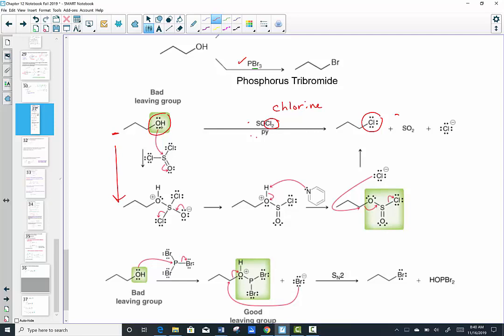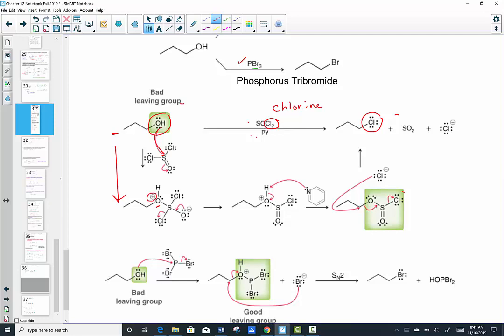SOCl2, with the hydroxyl group reaching out to the sulfur, which is slightly positive just based on electron distribution. By adding on, you've created a better leaving group. So think about this as a poor leaving group eventually converting to a good leaving group, which gets up and leaves. Through the process of adding on the SOCl2, we notice that the oxygen develops a +1 formal charge.